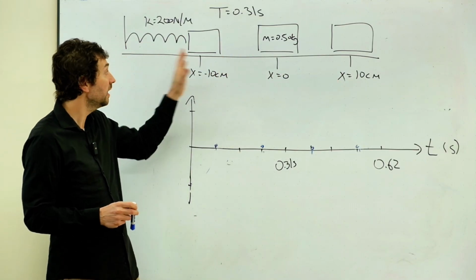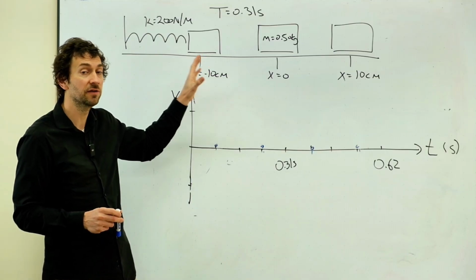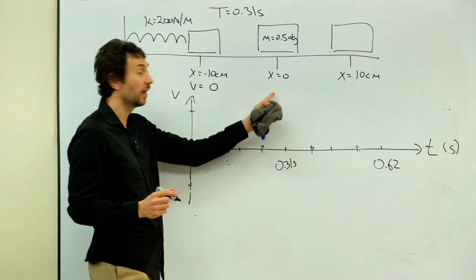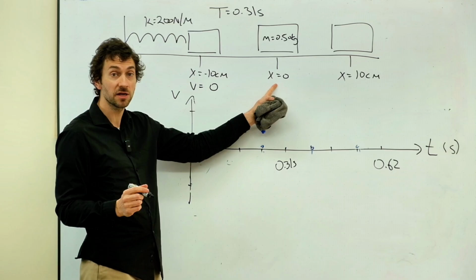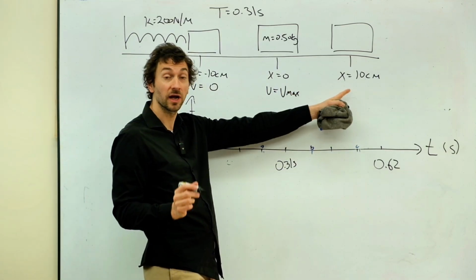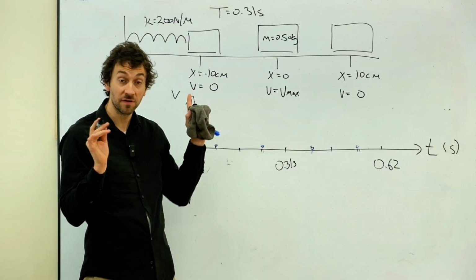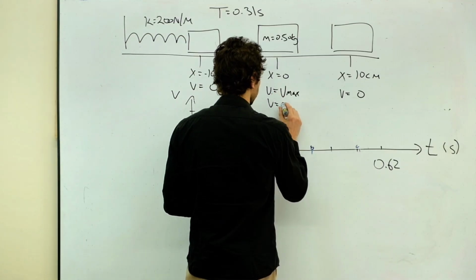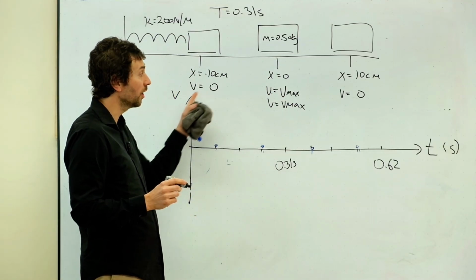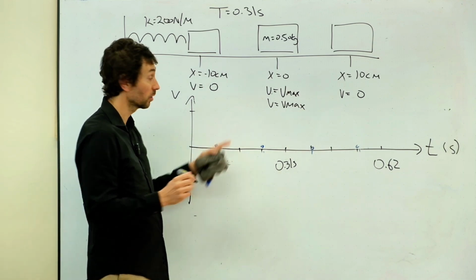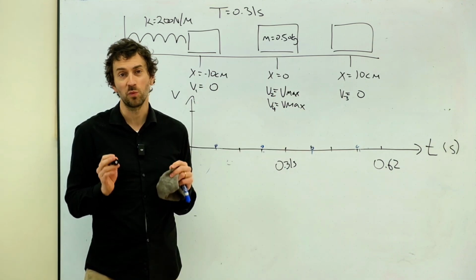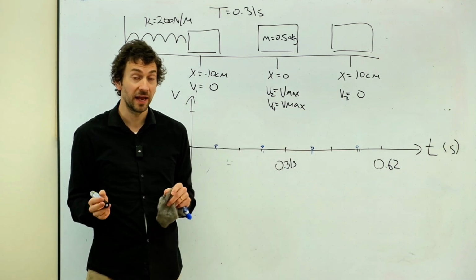Here, because there's no kinetic energy, velocity is going to be 0. Here it's going to have max velocity. Here it's going to have v is 0 again. When it comes back, it's going to have max velocity again. So let's call these positions 1, 2, 3, and 4. The only thing to think about is when the velocity is positive or negative.